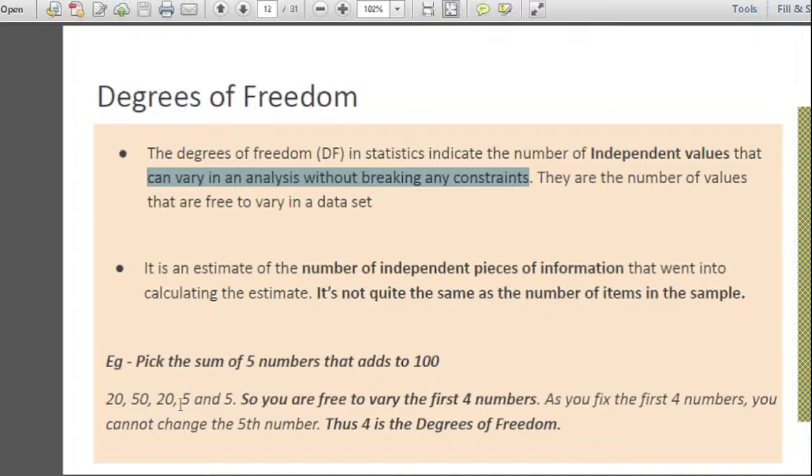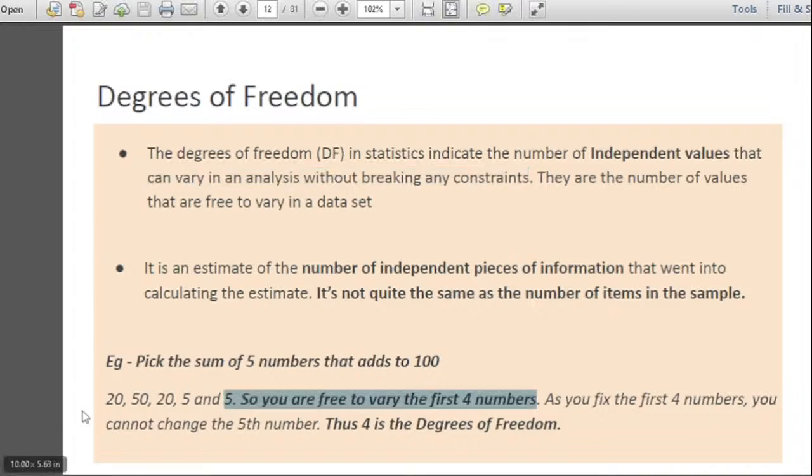It's a similar example: if I've been given that the sum is 100 or the mean is 20 for 5 values, the first 4 values I'm free to put. I can pick any number for the first 4 values. But of course, once I pick the 4 values, the fifth I cannot freely choose, right?